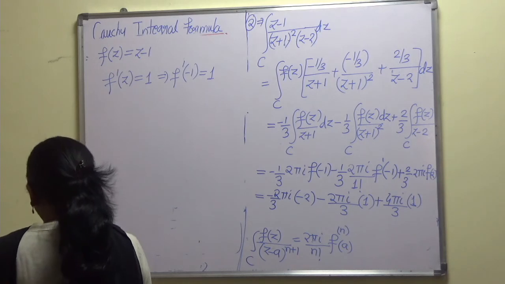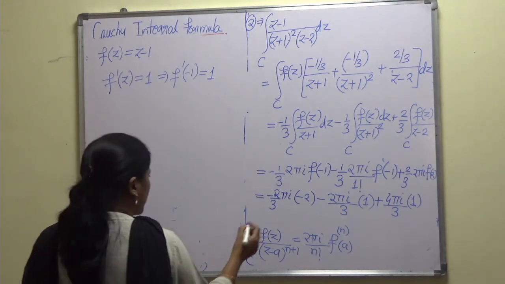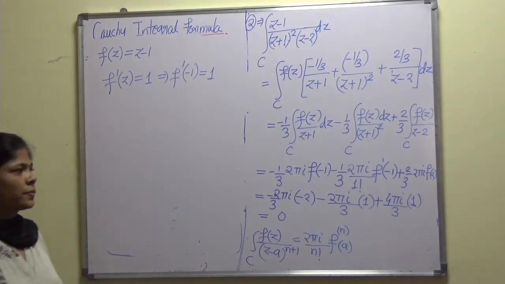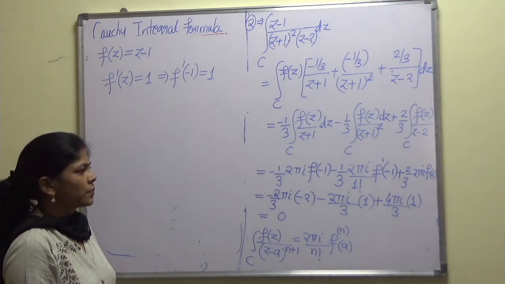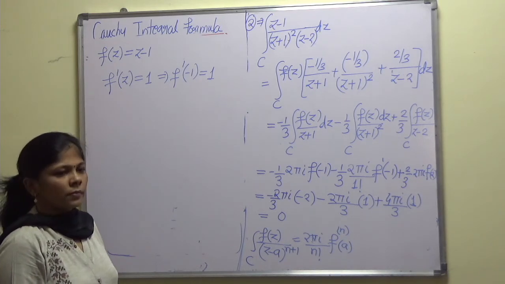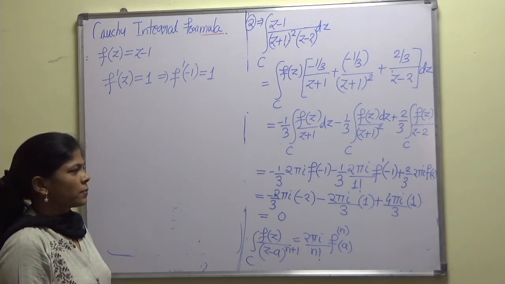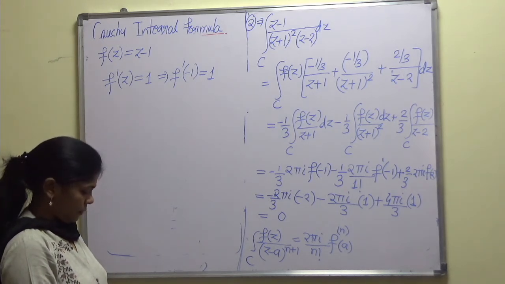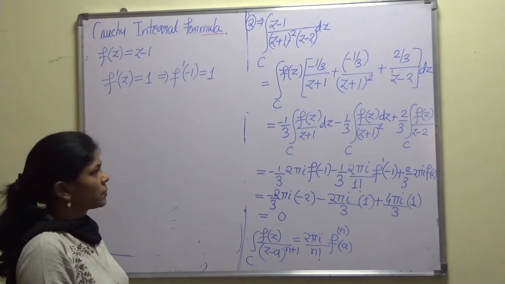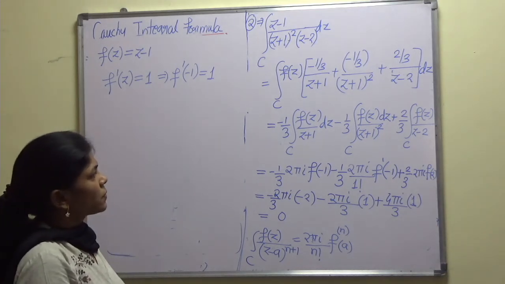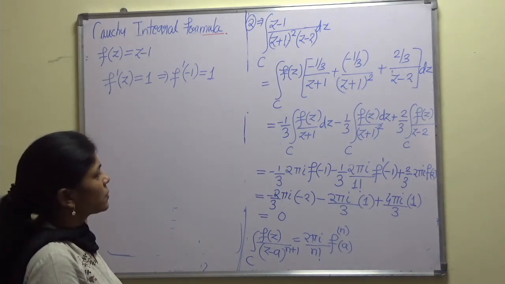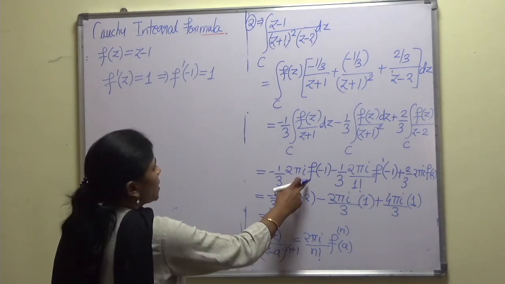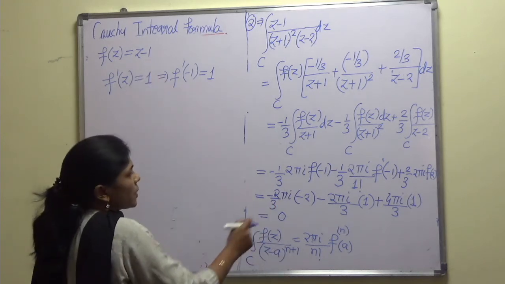After simplification, you will get this term as 0. This is minus 2, f of minus 1 is minus 2.